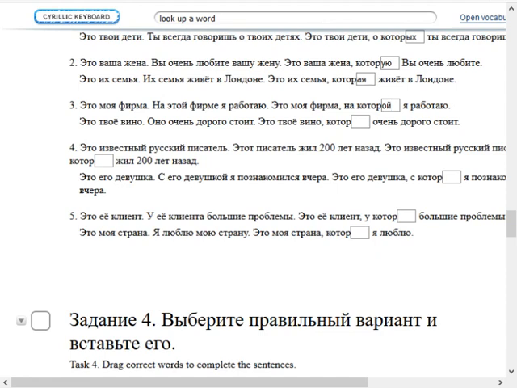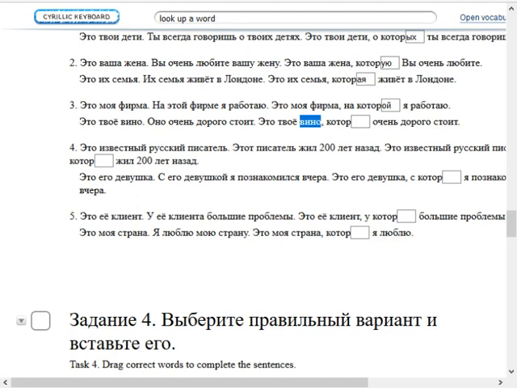And moving on, это твое вино. This is your wine. Она очень дорого стоит. It really is very expensive. And so then the final sentence is, this is your wine, which is very expensive. Vino should be neuter because it ends in O. And again, it should be the subject because the wine is costing a lot.